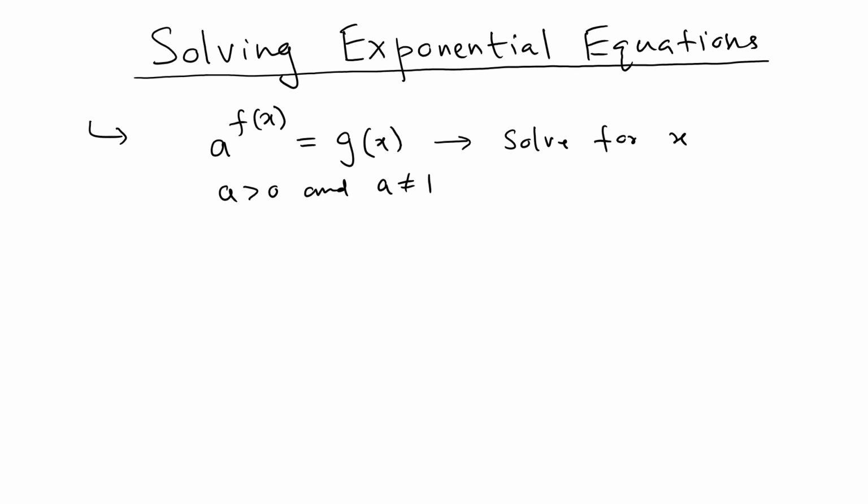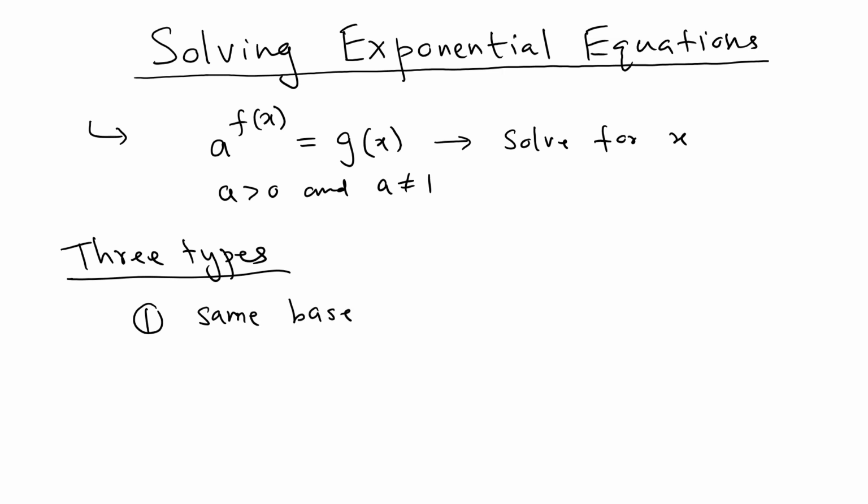When you have an exponential equation, there are three types. The first one is what we call the same base, where the equation has the same base on both sides.